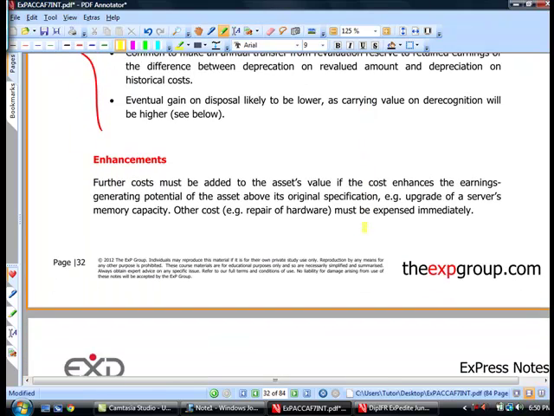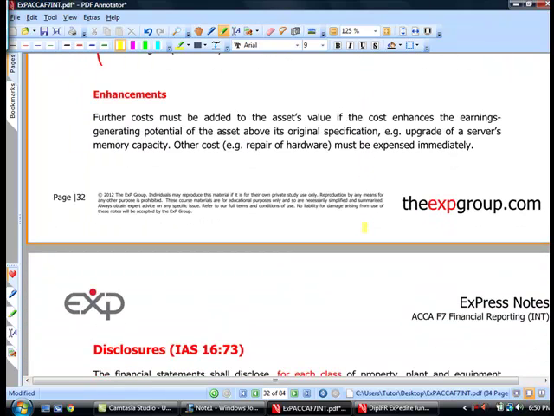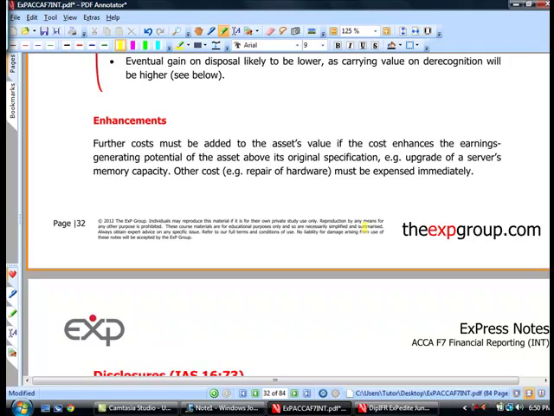Any subsequent investment, any enhancements that we make to non-current assets, will be capitalized, or in other words included in the value of the asset, if and only if they enhance the earnings generating potential of the asset. In other words, if they increase the economic benefits which we are obtaining by using the asset.